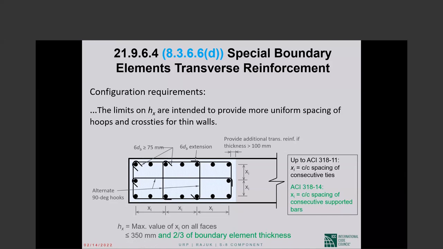It doesn't even have to be a seismic confinement. The 350 millimeter maximum on H sub X is a seismic requirement. Okay, it is for special moment frame columns and special shear wall boundary elements.